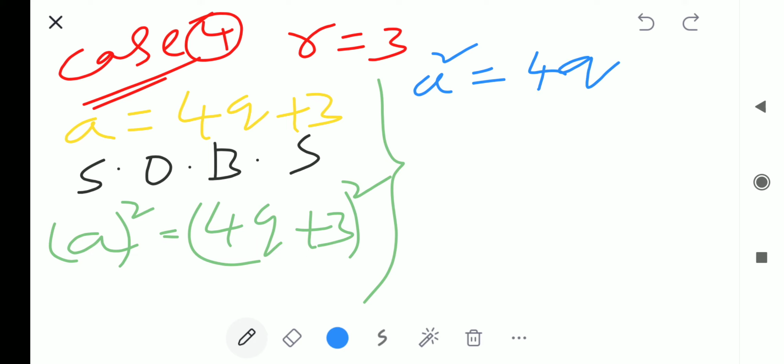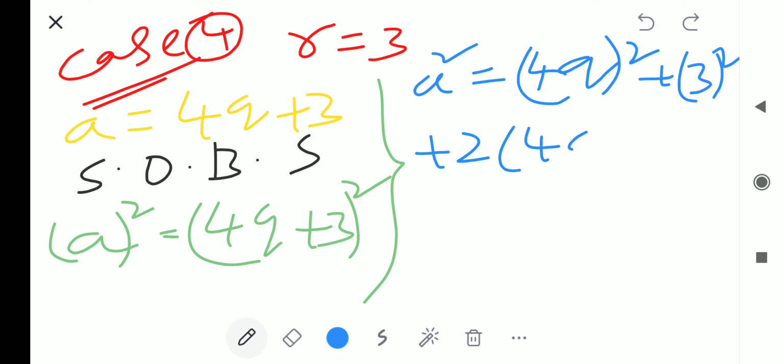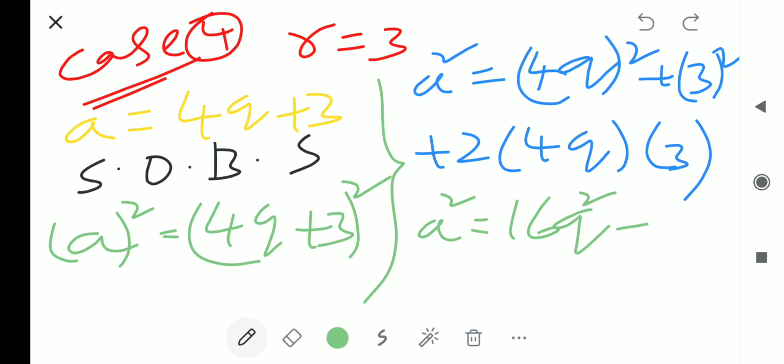So it can be expanded as 4q whole square plus 3 square, plus 2 into 4q into 3. Then continuation of this is a square is equal to 16q square plus 9 plus, 2 4s are 8, 8 3s are 24q.